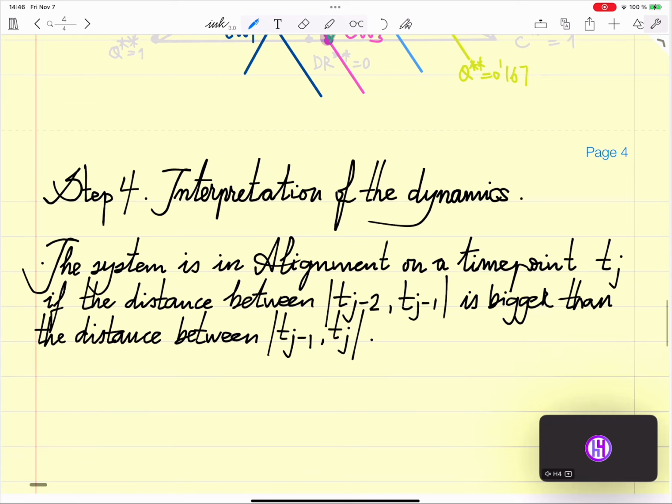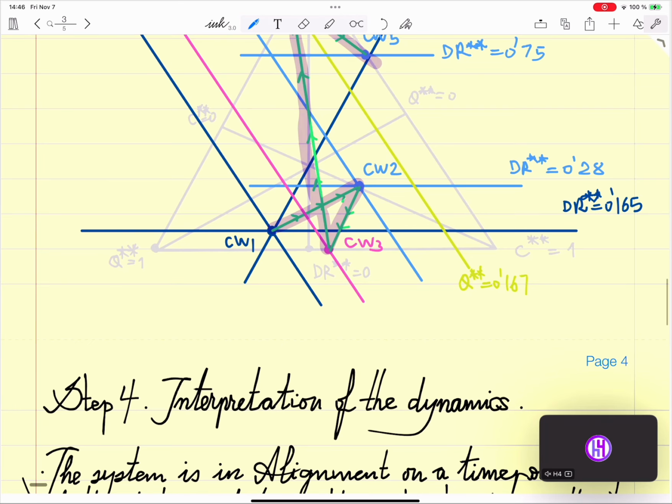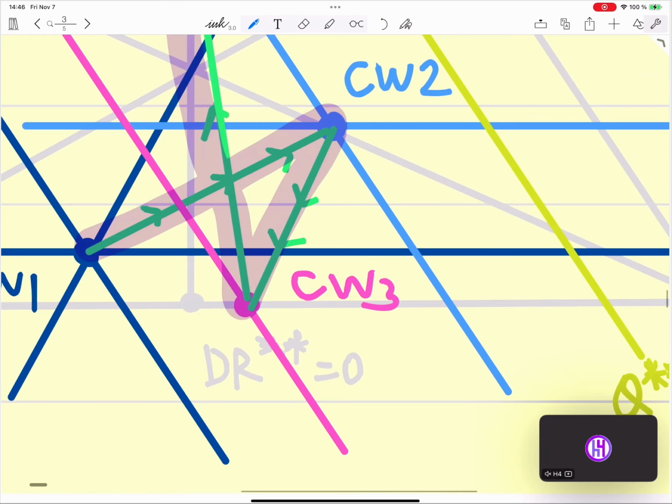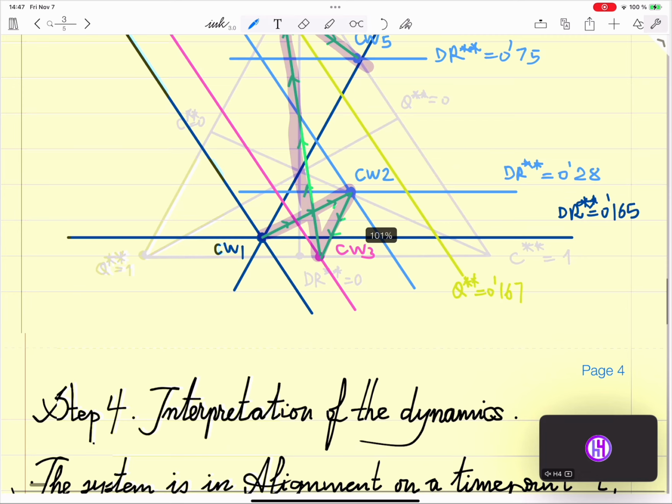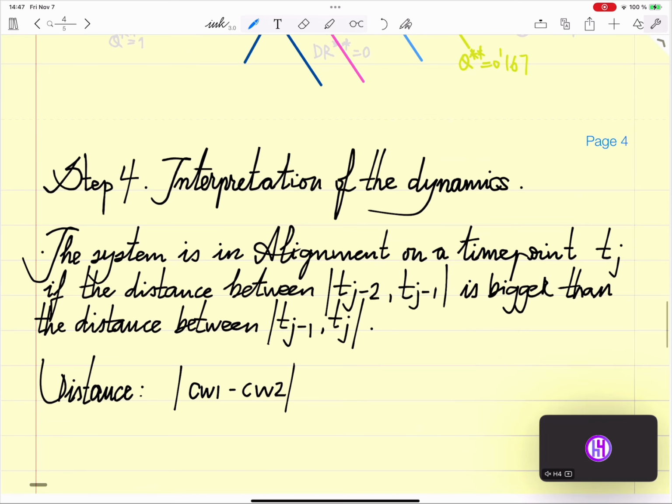So let's look at the example above. The distance between calendar week 1 and calendar week 2 is bigger than the distance between calendar week 2 and calendar week 3, right?